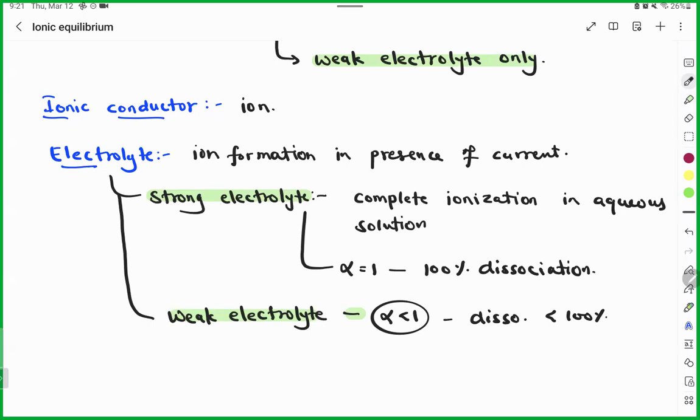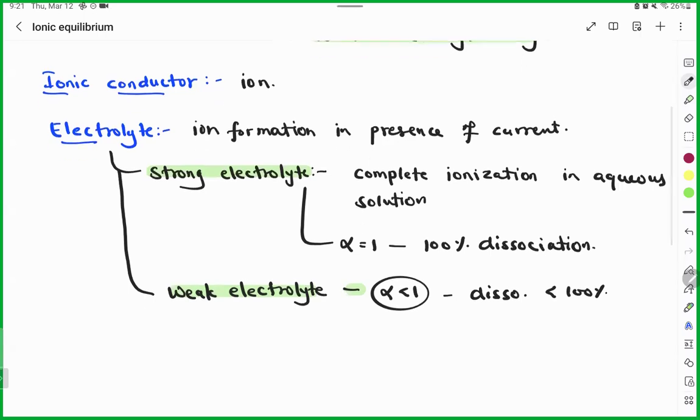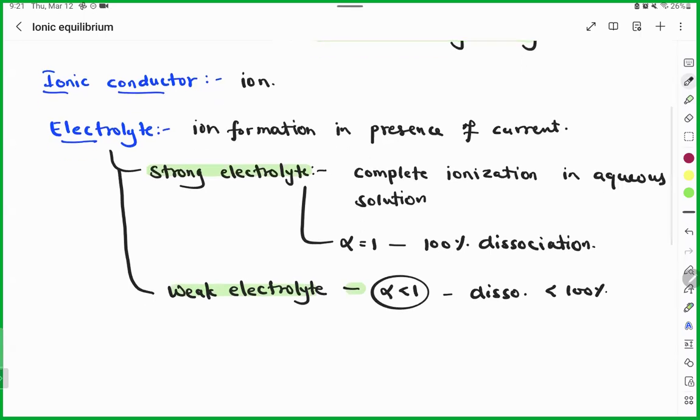Correct. So in this case, there are two types of weak electrolyte: weak acid and weak base. Correct. There will be weak acid and weak base. Both can be weak. And in this chapter, we will talk only about weak electrolytes.